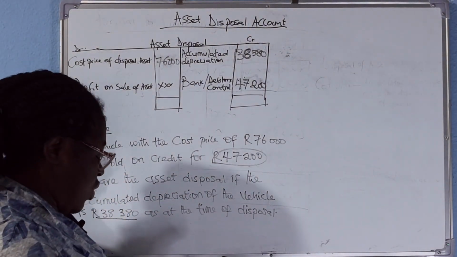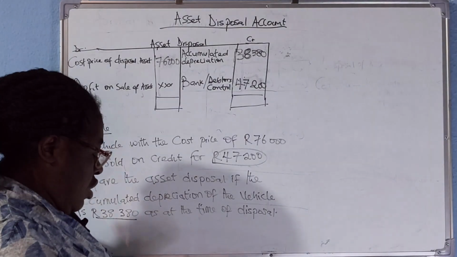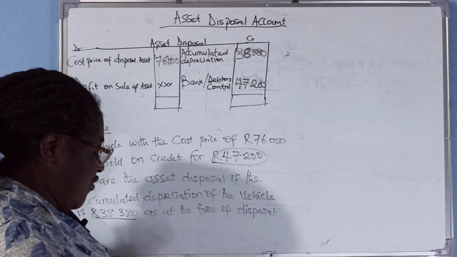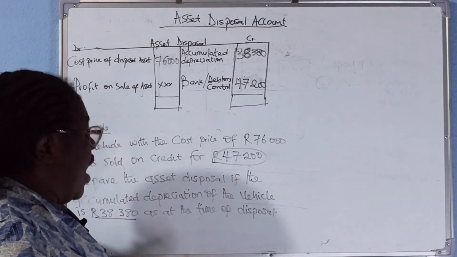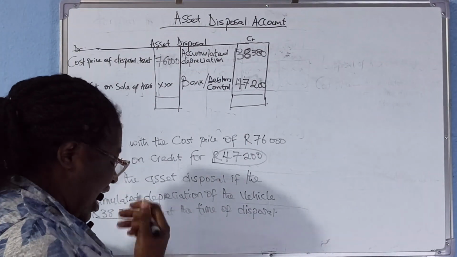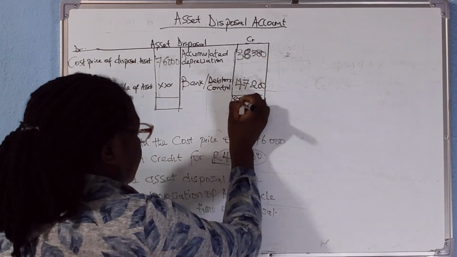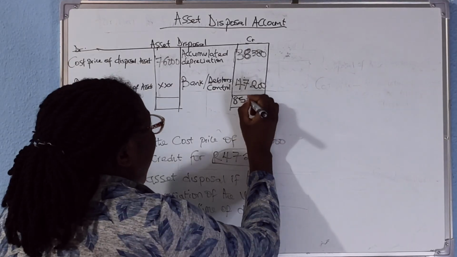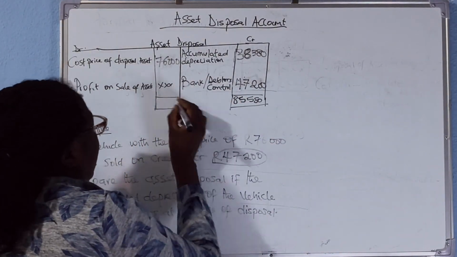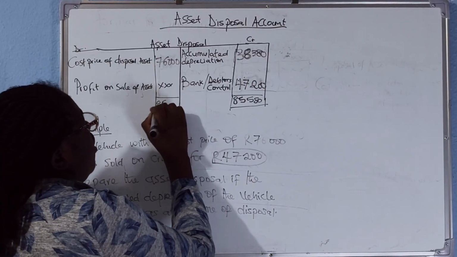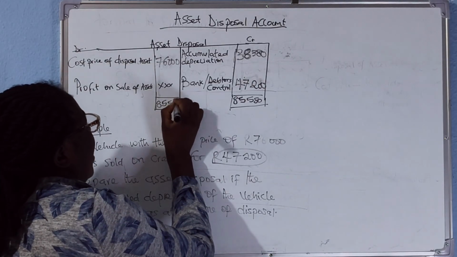So let us see which side is more. We find out that we have 38,380 plus 47,200, a total of 85,580. And then the two sides must be equal at 85,580.